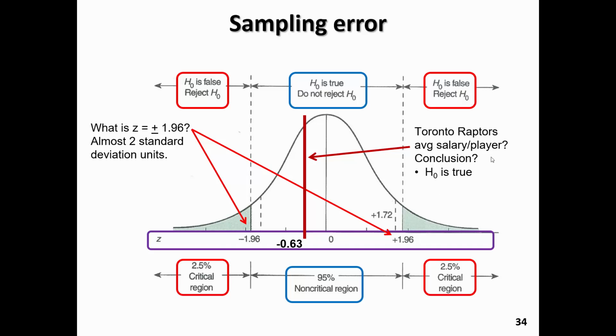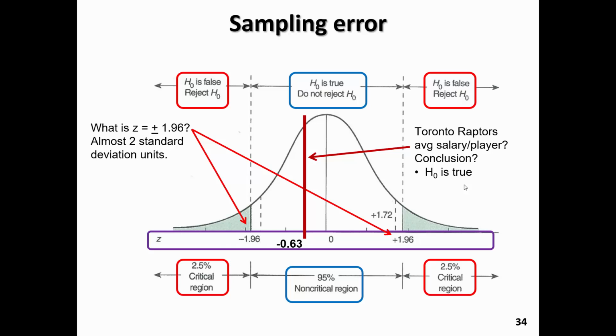So the conclusion here is that because the Toronto Raptors salary did not fall in the negative or the positive tail, for that matter, in that 5% critical region, then we say that the null hypothesis is true and the Toronto Raptors salary is not significantly different than the population, even though the averages are different.